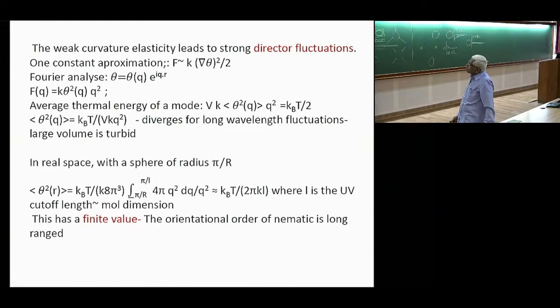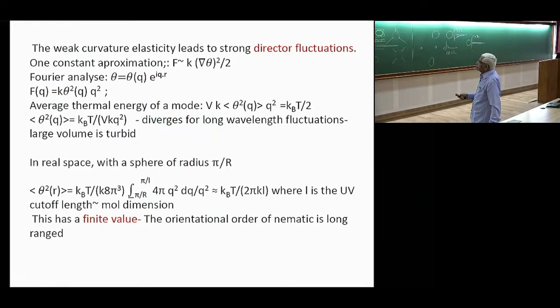And then you see immediately that this diverges as q goes to 0. So long wavelength fluctuations are extremely strong. That is because K that sits here is extremely small. Then in real space, you can go back, go to a sphere of radius pi by R, where R is the size of the medium, let us say, and L is some molecular dimension, a cutoff length.